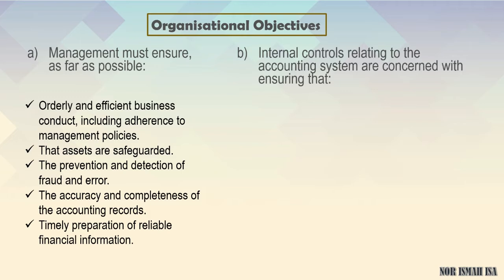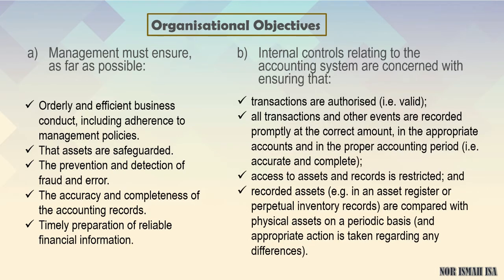And secondly, the internal controls related to the accounting system are concerned with ensuring that transactions are authorized, and all transactions and other events are recorded promptly at the correct amount in the appropriate account in the proper accounting period.